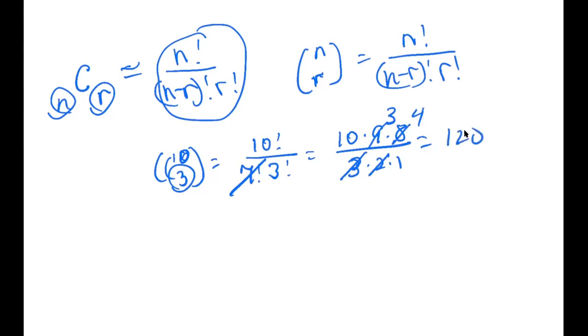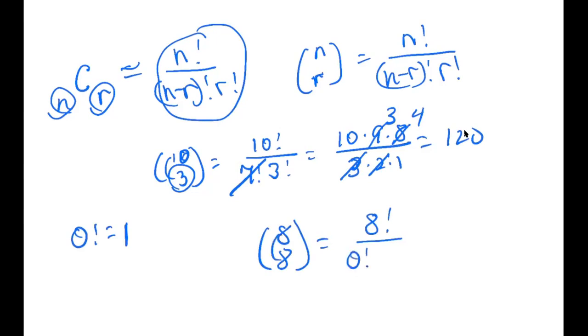It's fine with me if you do them on your calculator, but to me, they're a little easier to do by hand. Oh, by the way, you'll need to know 0 factorial. I think we've talked about this before, is defined to be 1. So if you have 8 and an 8, like in your book examples, you would have 8 factorial over 8 minus 8, which is 0 factorial. Repeat this.